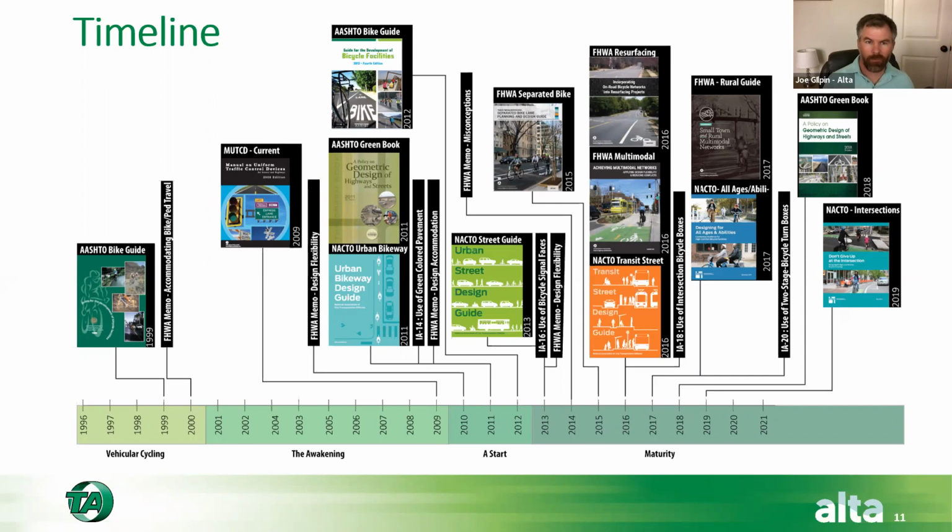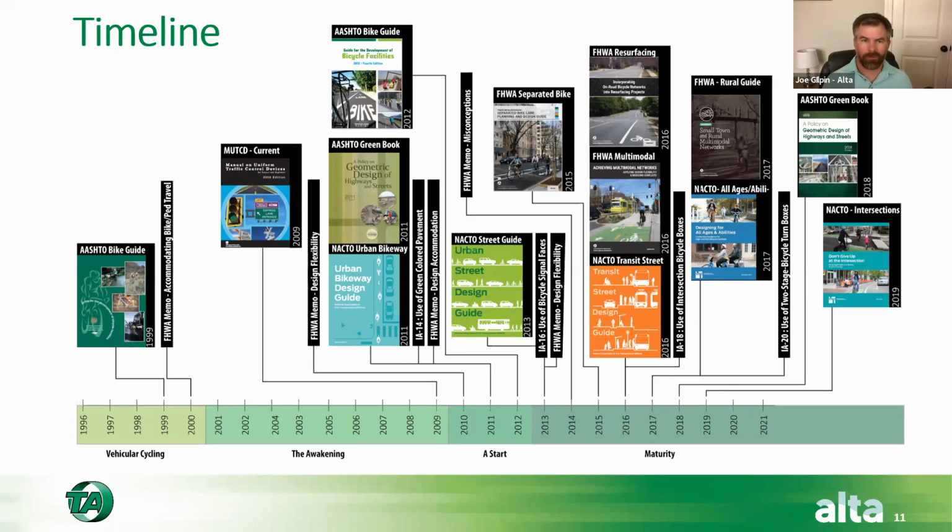So over this time, we've seen a huge progression in bicycle facilities, way more so than in pedestrian facility design. Cities began to realize that they didn't have the toolkits that they needed to build these facilities that people wanted. And so they began to create their own. Cities like San Francisco, Chicago, LA, New York City began to experiment and create things that we call separated bicycle lanes, these class 4s that we now know them as, and intersection treatments and different types of signaling information.